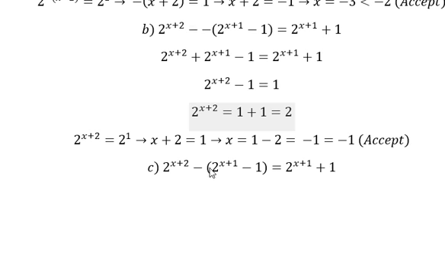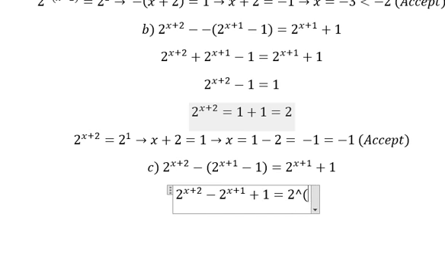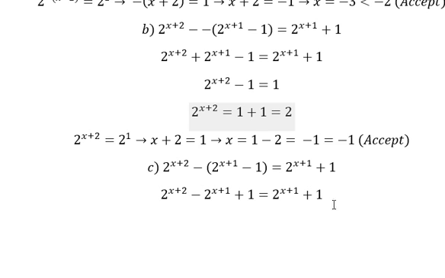So we need to open the bracket. Now we simplify number 1 for the both sides.